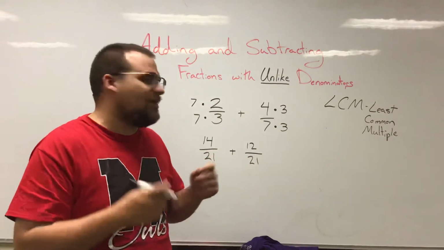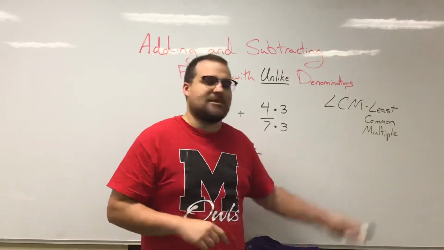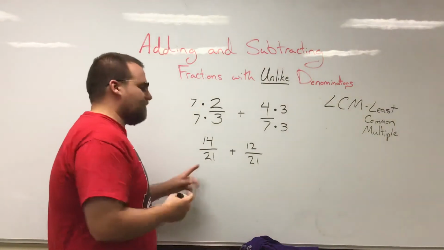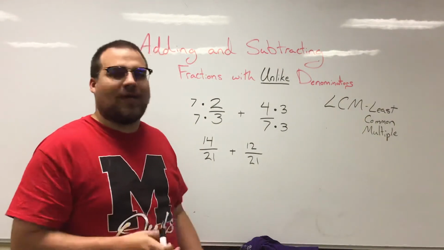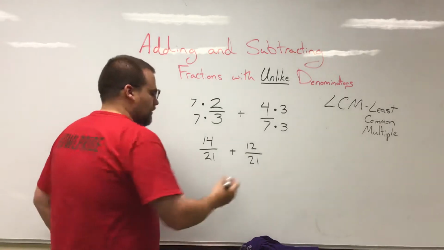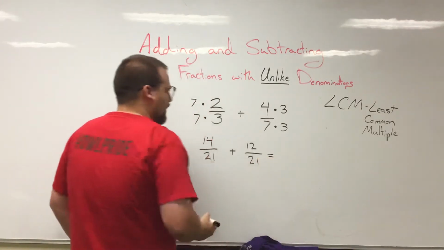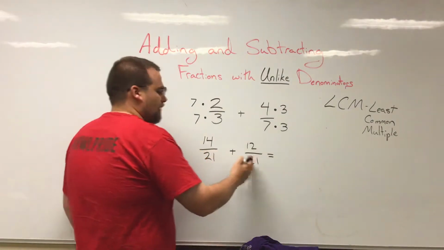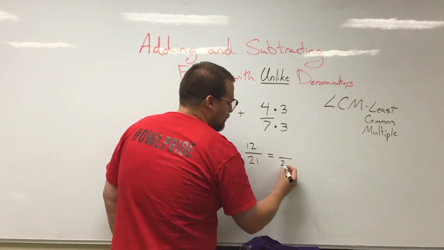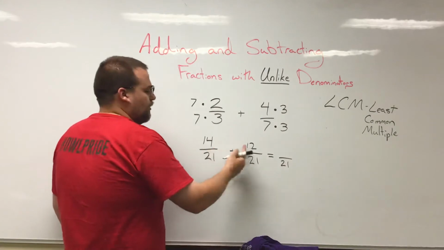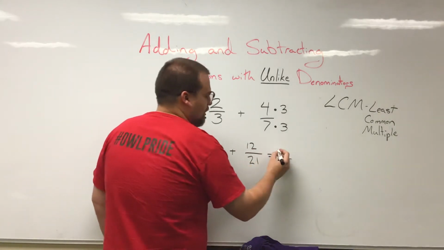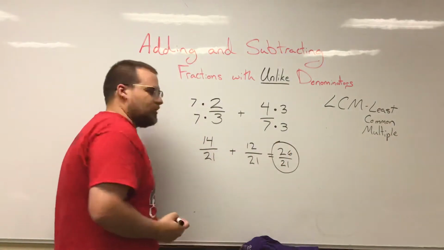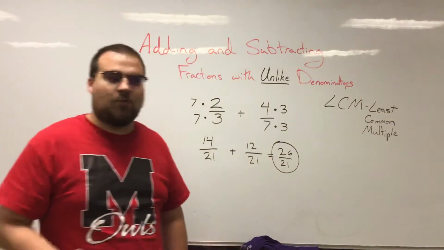Denominators that fit that definition of a least common multiple. And now that we have the same denominator, we can go ahead and add these together. As you guys probably know, whenever adding fractions, the denominator stays the same, so it's still going to be 21, and the numerators add. 14 plus 12 gets me 26. So my solution here is 26 over 21.